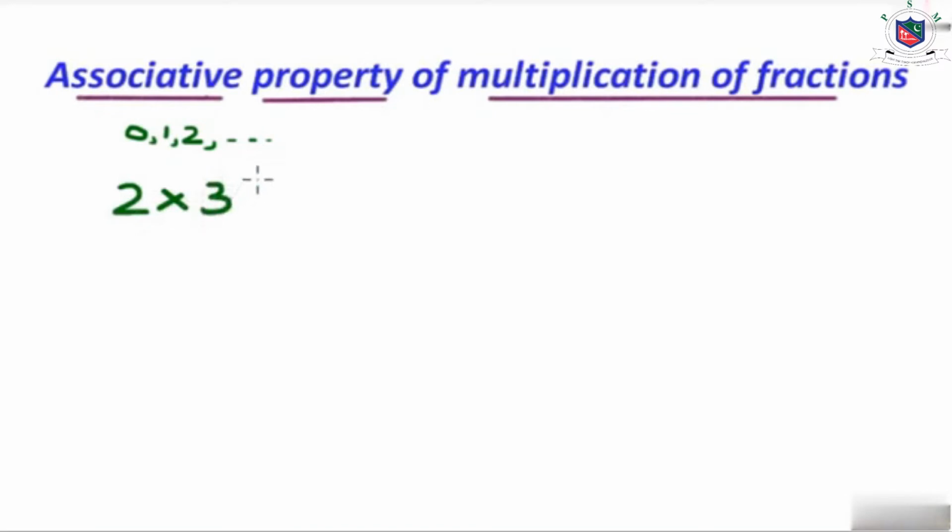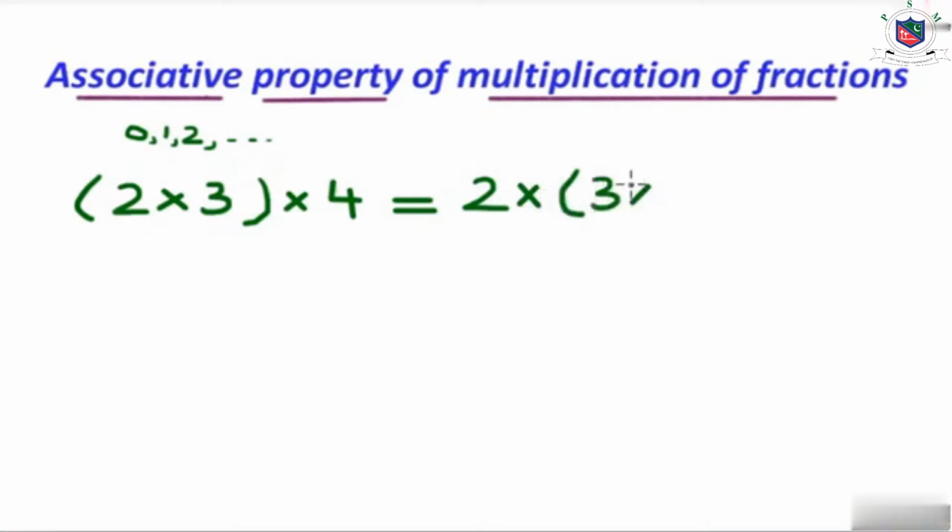So, if we have the numbers 2 multiplied by 3 and we have grouped them 2 and 3 and the third number is 4, and on the other side if we multiply 2 by the group of other 2 numbers that are 3 and 4.